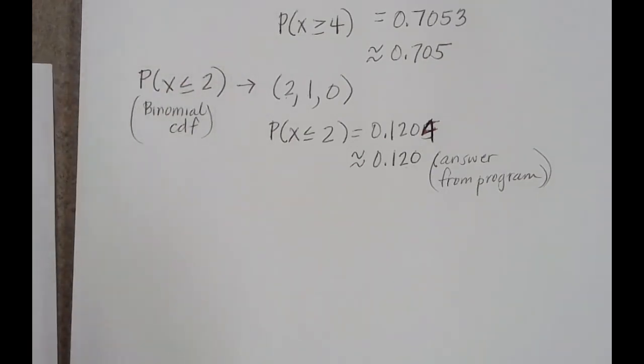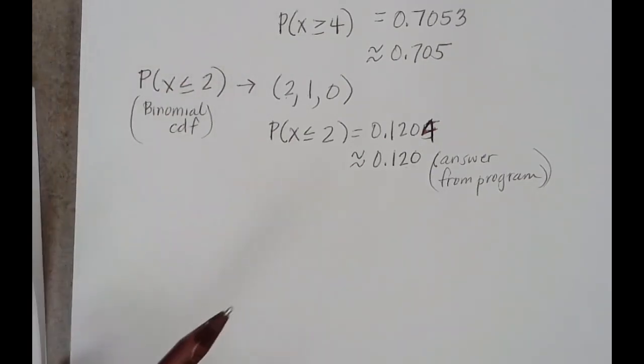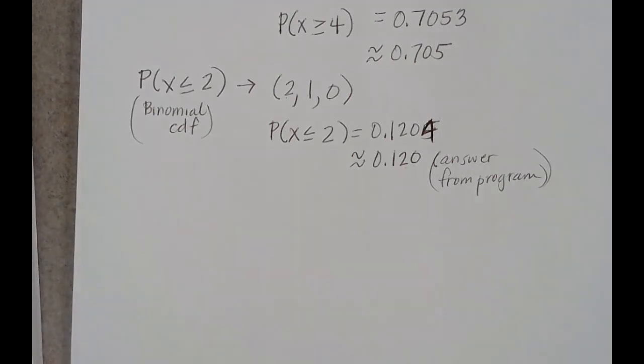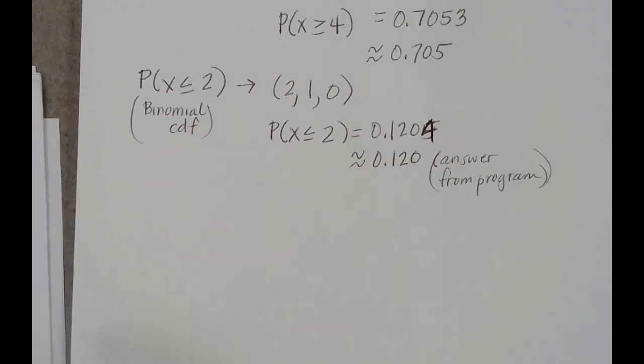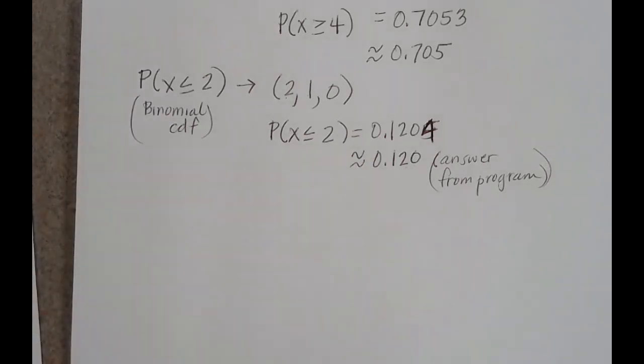For number 12 is done just like what we did in class. And so for number 12, I would ask for you to refer back to what we did for number 8.